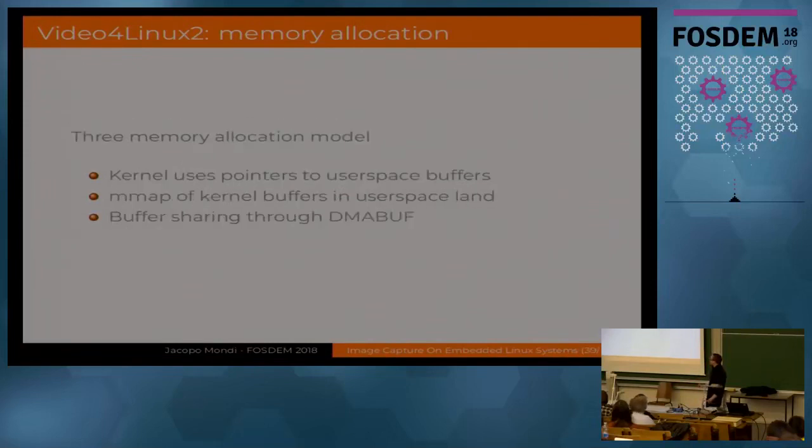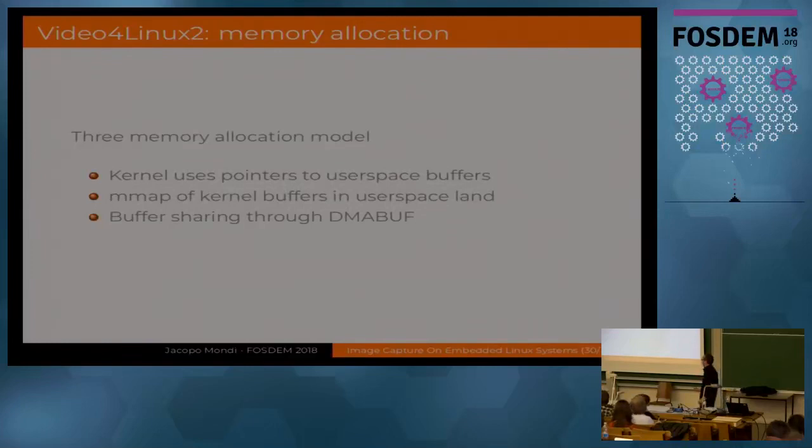Video for Linux defines three possible memory allocation models. The first one is that user space allocates memory and passes it down to the driver. This is rarely seen today because it's very hard to make assumptions about where user space allocated memory actually is. You can have memory that is split between different locations, and then you go back to the problem that you need scatter-gather in your DMA engine.